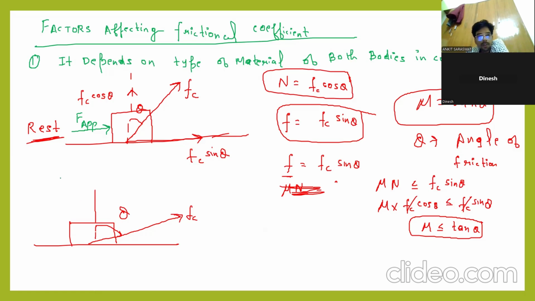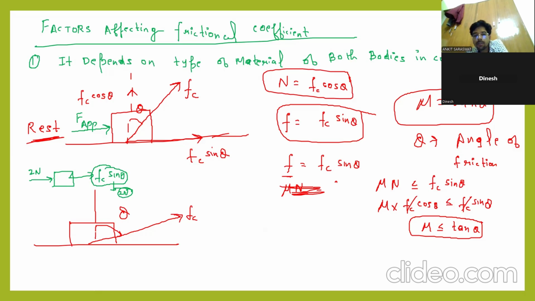When this static friction value is 2 Newton, let us suppose, then FC will be at a certain angle in such a way that FC sin theta is also 2 Newton.